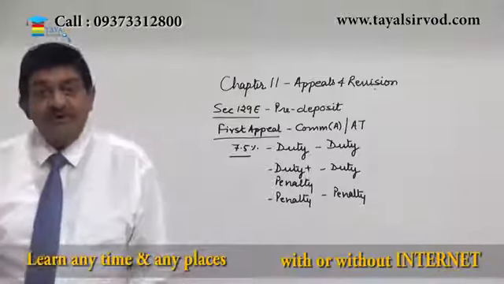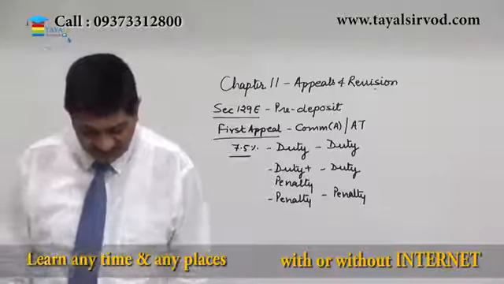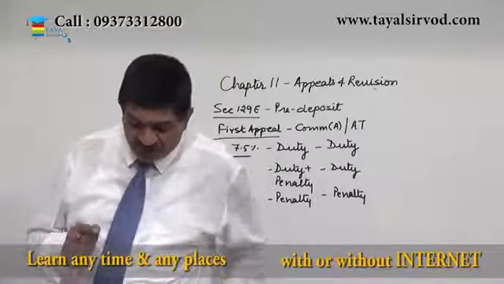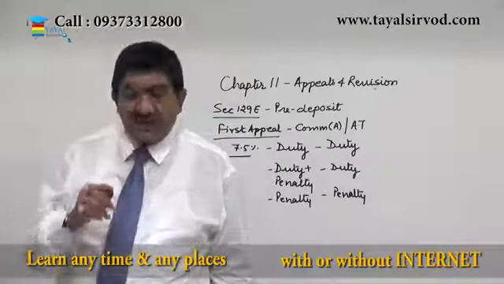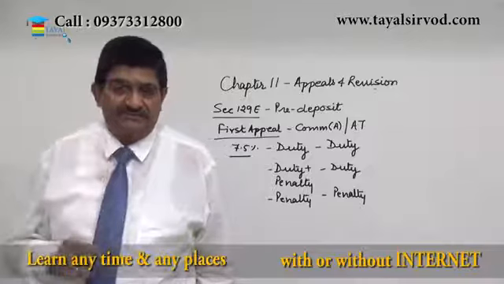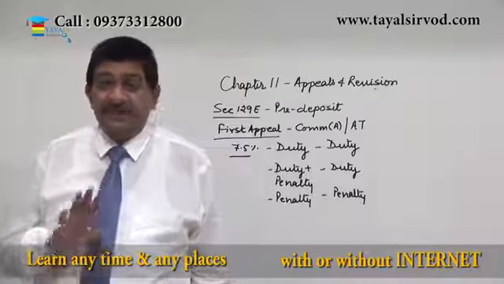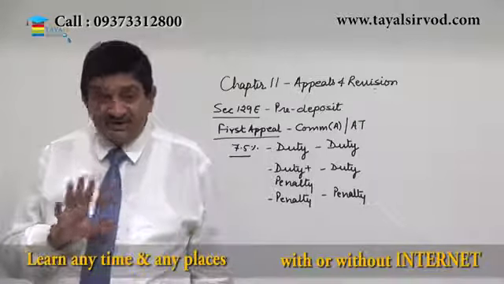Now read with me section 129E, what it says. The tribunal or the Commissioner Appeal, as the case may be, shall not entertain an appeal. So shall not entertain means that discretion is not there.